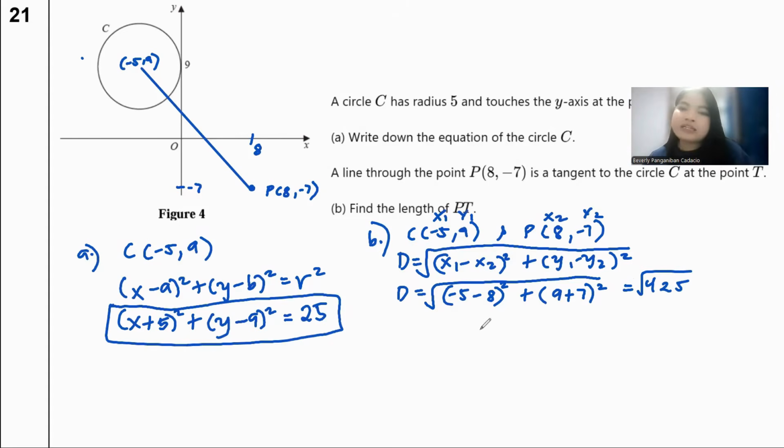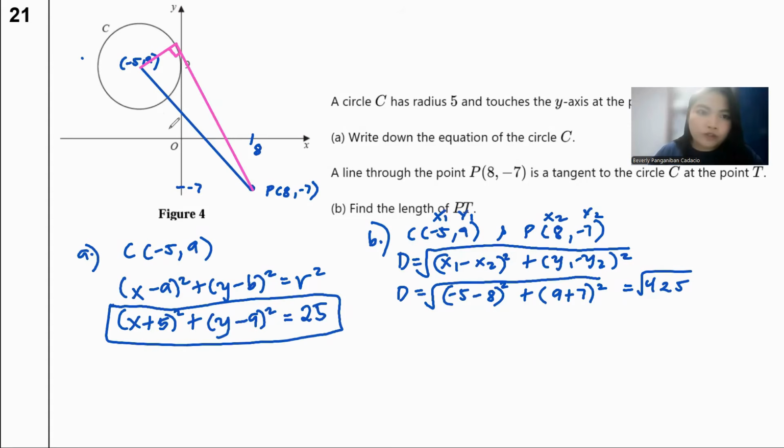That's correct. Now, that distance is actually the hypotenuse of a certain triangle. Which one? We know the rule that if you have a tangent to the circumference, this one to that one will be perpendicular. So it will be creating a right triangle.